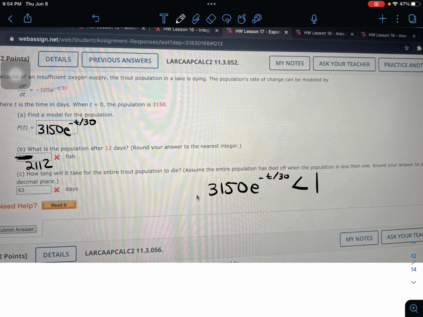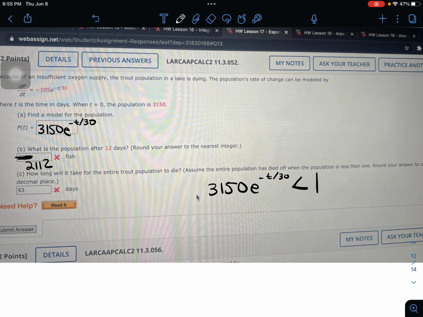And whenever you're solving these inequalities, it's the same process you go about doing when you're solving an equation. There's only one difference. If you ever multiply or divide by a negative number, this thing switches. So if we ever divide or multiply by a negative, I have to switch that inequality. Otherwise, it's just like solving an equation.